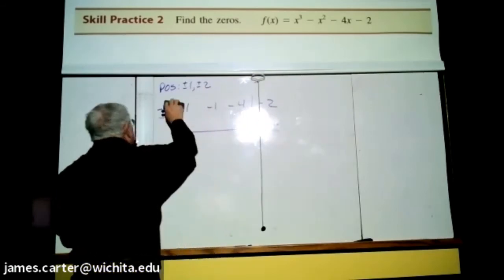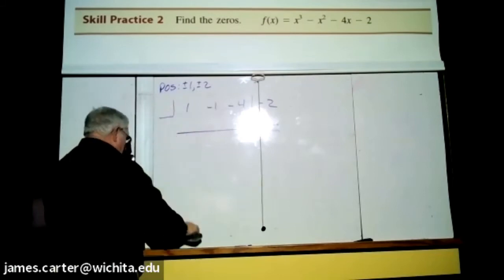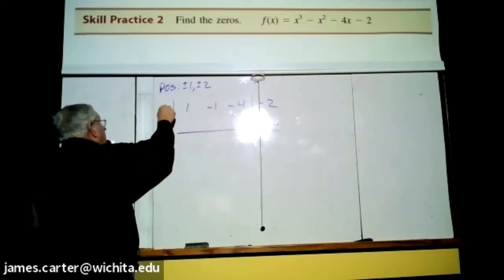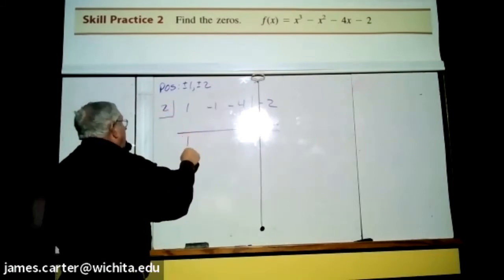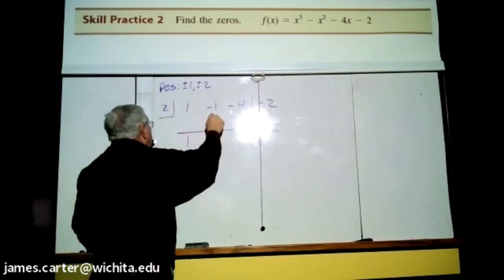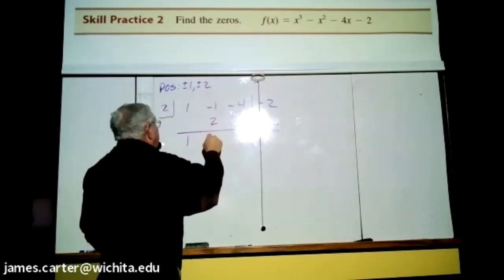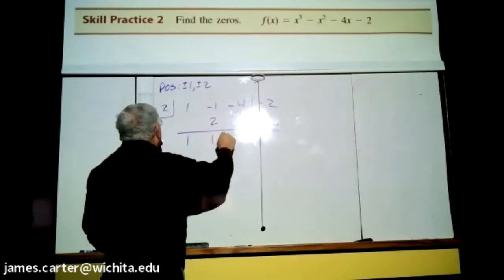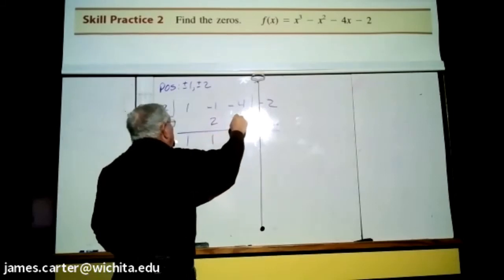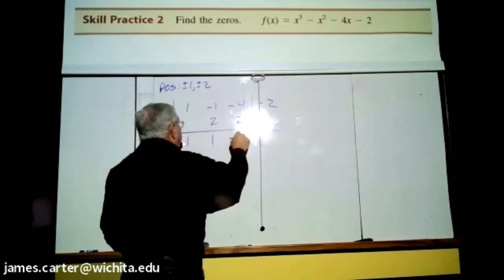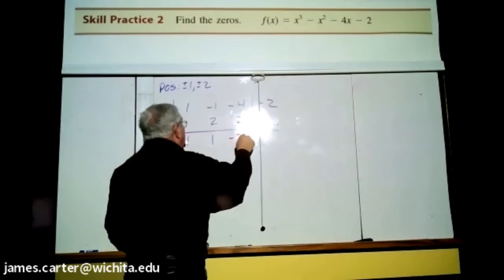Let's go back and check again, this time with +2. Bring down the 1. We get a 2. That gives me a value of 1. I get a 2. That gives me a value of -2.